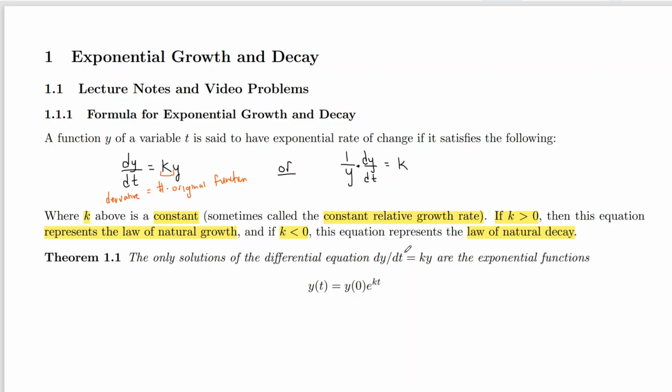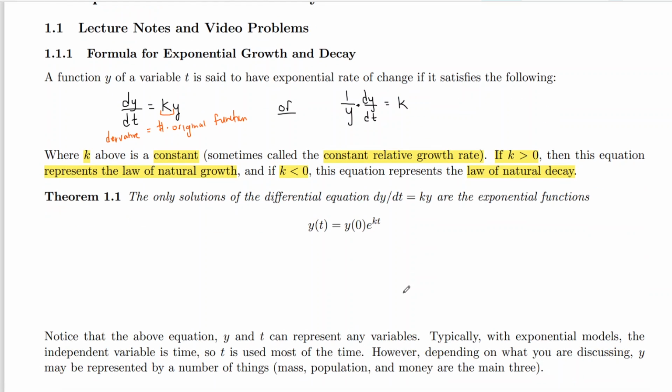Right? So the main theorem here, and I mentioned this before when we talked about the derivative of e to the x, is that the derivative of e to the x is itself. Well, the only solutions to this, so reading this again, we do the derivative, it equals a number times the original function. The only solutions to the equation dy over dt equals ky are the exponential functions.